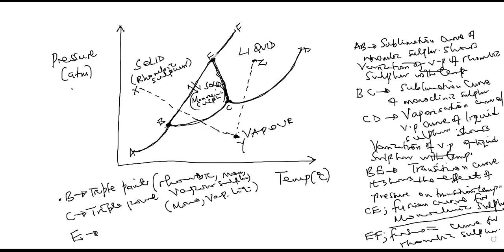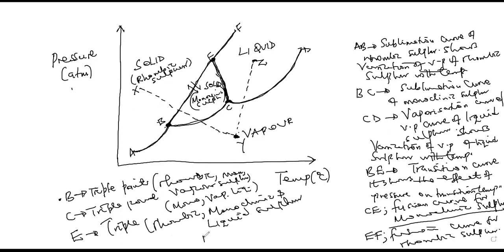Point E is a triple point for rhombic, monoclinic, and liquid sulfur.